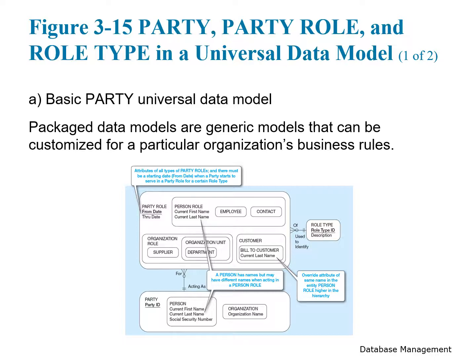For example, although a person, of the party supertype, has a current last name as of now, when in the party role of bill-to customer, a different current last name could apply during the particular time period, from date through date, of that role. Note that even for this simple situation, the data model is trying to capture the most general circumstances.